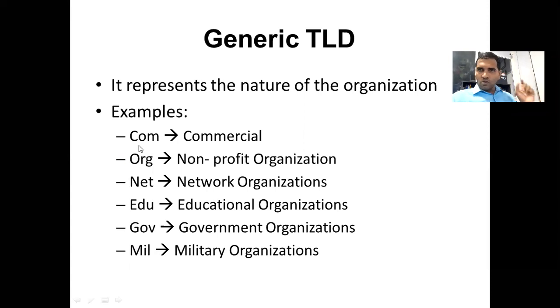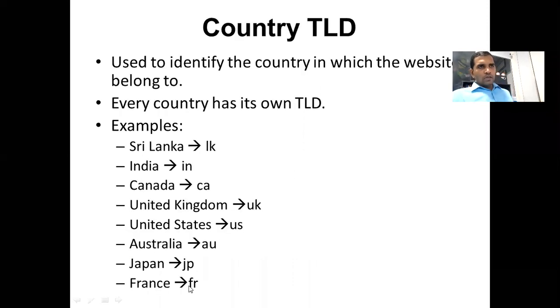So COM is commercial, ORG non-profitable, NET networking, EDU educational institutions, GOV government organizations, MIL military organizations. Okay, right. So now take the country TLD.